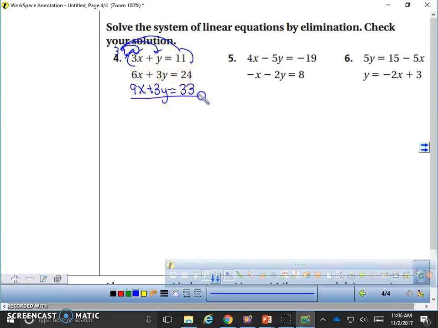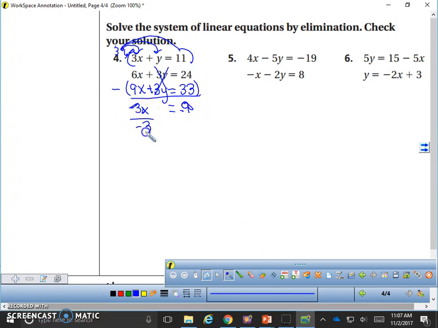Now we're ready to eliminate. 6x minus 9x is negative 3x, okay, 3y minus 3y, that's why I picked minus because it eliminates, equals, okay, 24 minus 33 is negative 9. There we go.